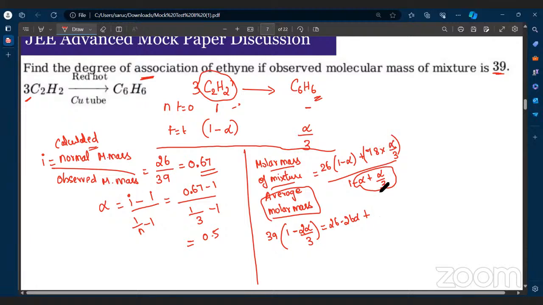Just solve it: 78 by 3 gives 26, so here you'll be getting plus 26 alpha. So these two will get cancelled. Here you'll be getting 13 times, 1 minus 2 times alpha by 3.